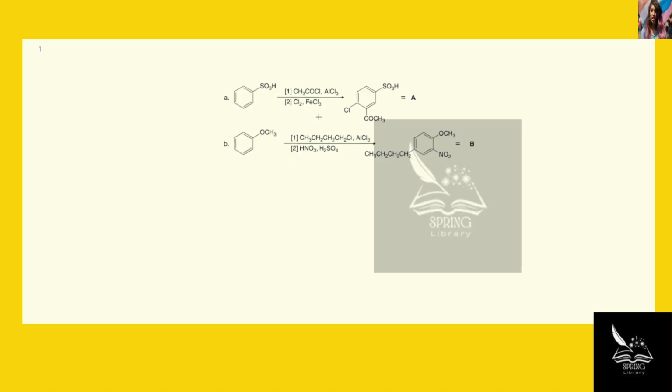So A, we're starting with an electron withdrawing group, so we know that electron withdrawing groups direct meta. And then we're doing Friedel-Crafts acylation with halogenation afterwards. But here's the thing.